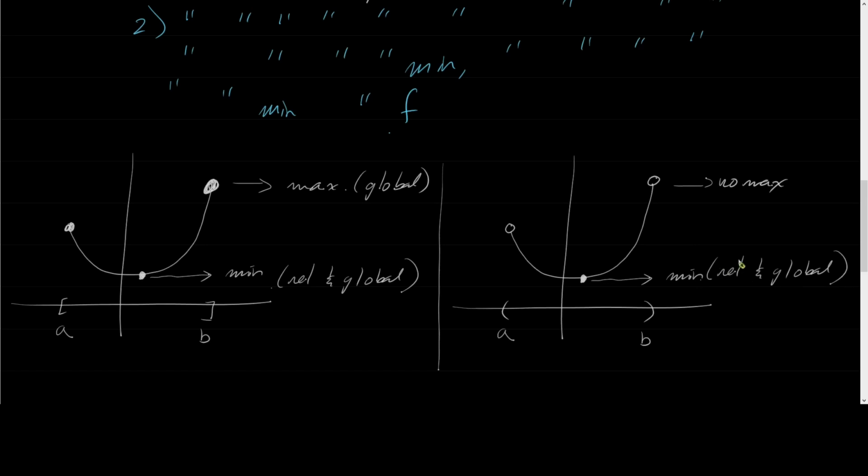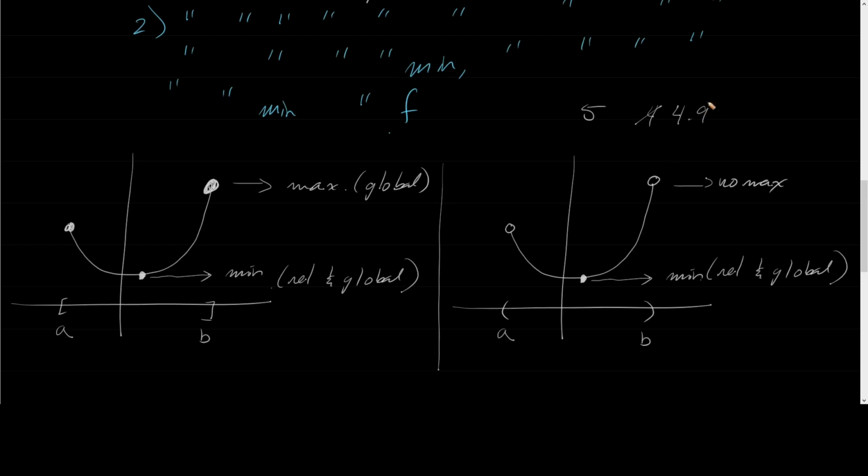So again, the difference between this closed interval and this open interval is that in here there's absolutely no maximum. That's because in here it's open. You could say, what about the value right before it? But what is the value right before it? There is no biggest such value. Think about this: if I have the value 5, what's the biggest number less than 5? You could think 4, but there's values bigger than 4 less than 5, like 4.9.